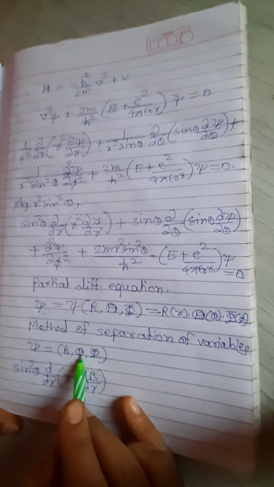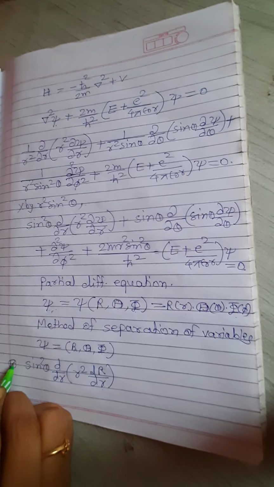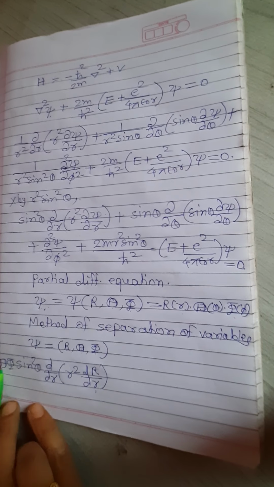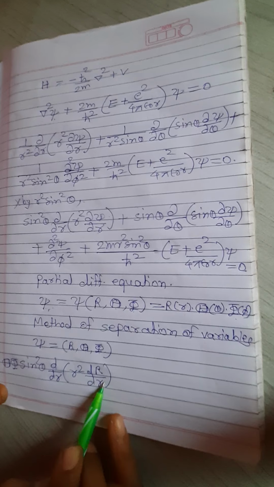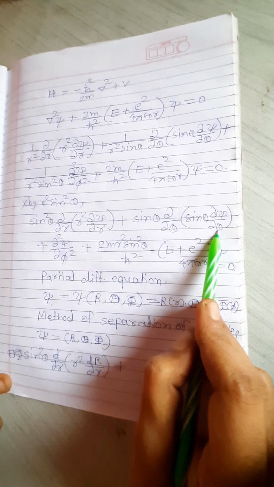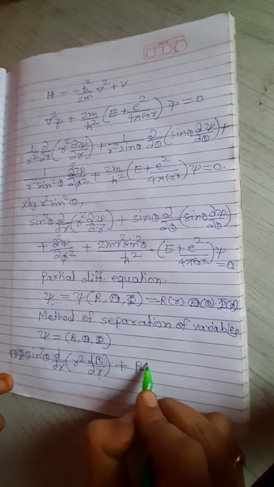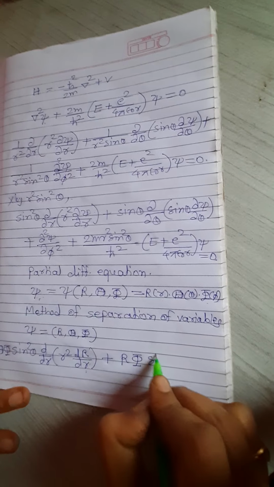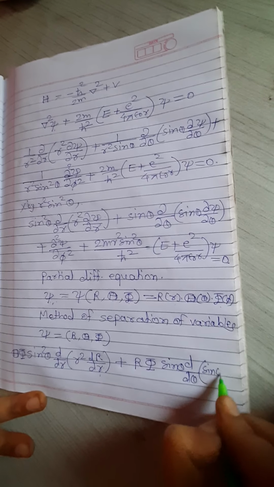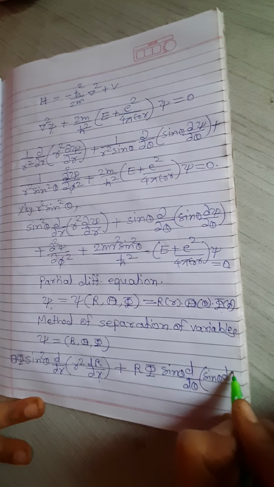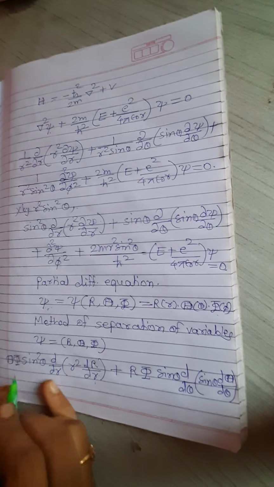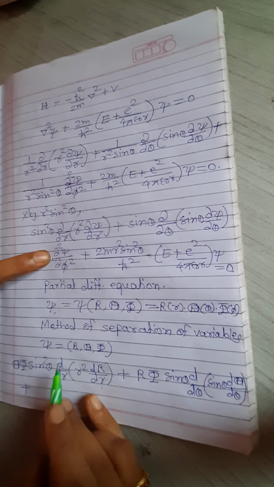Now what will happen to theta and phi? This theta and phi will remain constant because we are differentiating with respect to r. So theta and phi will come outside. So this will be your first term. Similarly, in the second term, since it is with respect to theta, your r and phi will be outside and rest of the things will go like this. It will be d by d theta now, and sine theta d capital Theta upon small theta, meaning d Theta by d theta, plus in the third term what will happen?